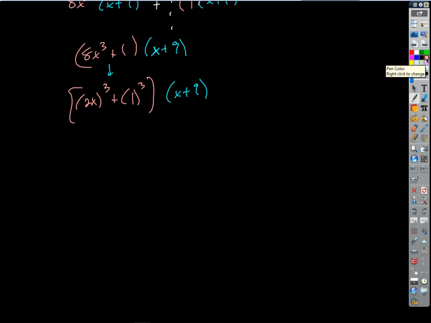A cubed plus b cubed is just a plus b times a squared minus ab plus b squared. Can we go further? That's quadratic, but we know it's an irreducible quadratic, right? Because it's part of the sum of cubes pattern. We know we can never go any further. Okay, we're done.